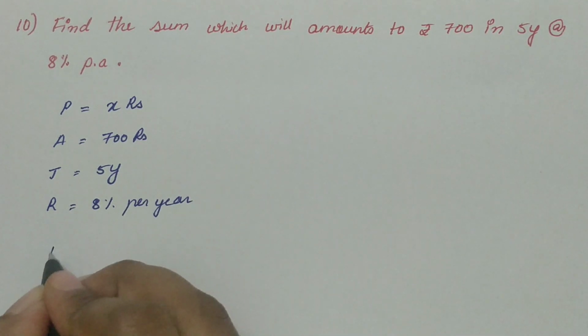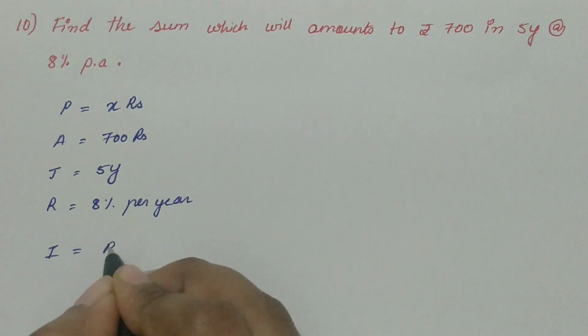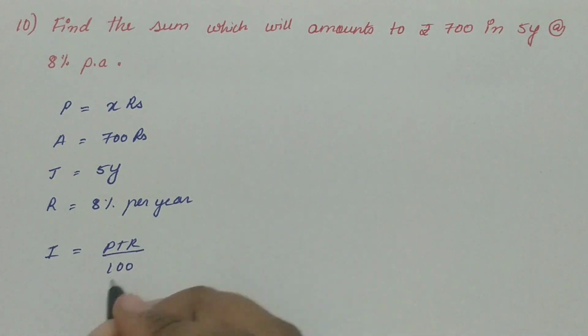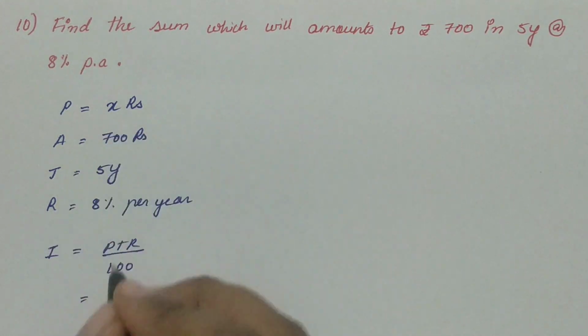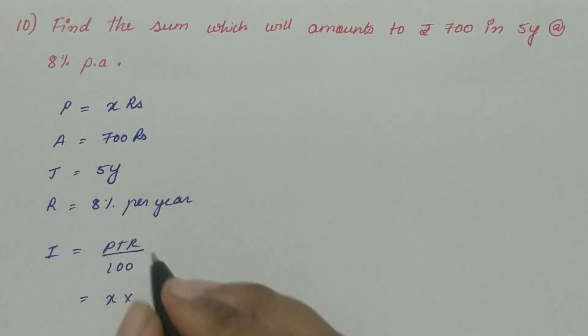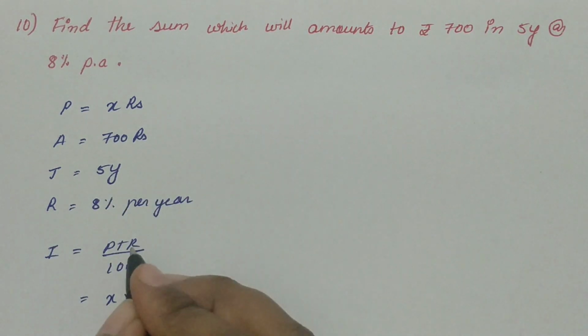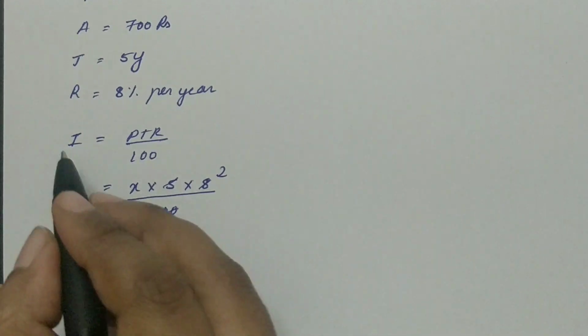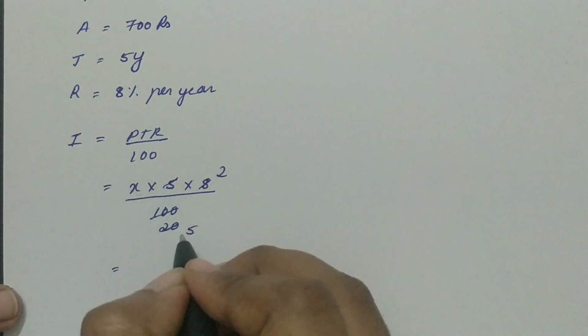We know simple interest I equals PTR by 100 equals x into 5 into 8 divided by 100. 5 times 20 is 100, 4 times 2, 4 times 5. So I equals 2x by 5.